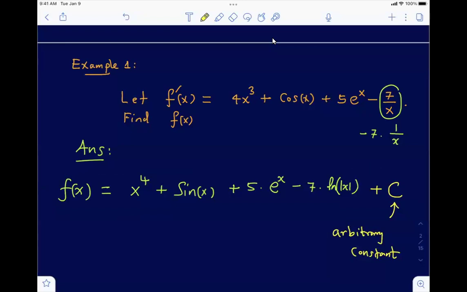It will represent a family of functions. How many in that family? There are infinitely many functions in that family. All right. So keep that in mind. In anti-differentiation problems, except for very specific situations where you have initial conditions, you're always going to have this plus c, which stands for an arbitrary constant.